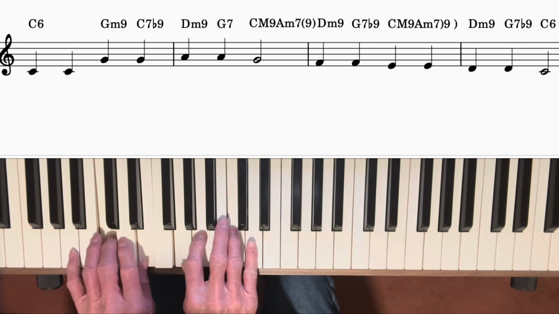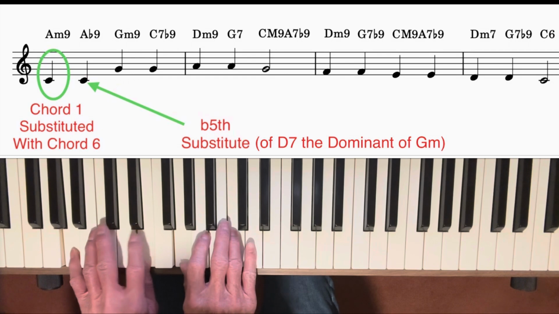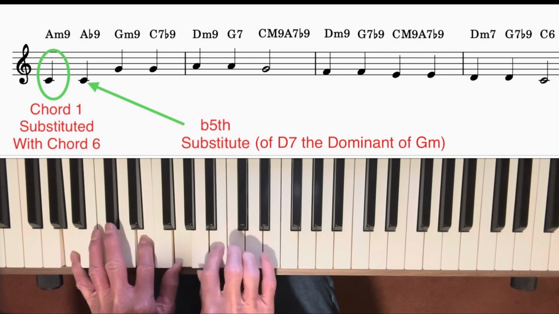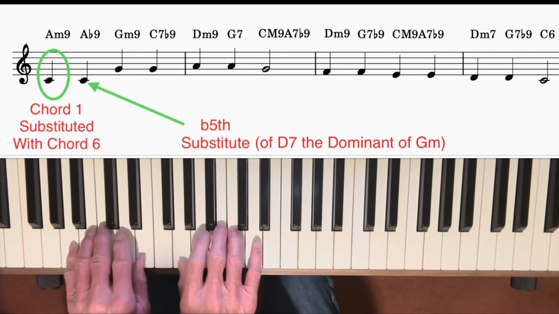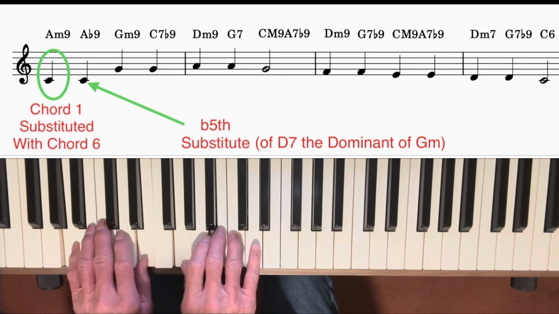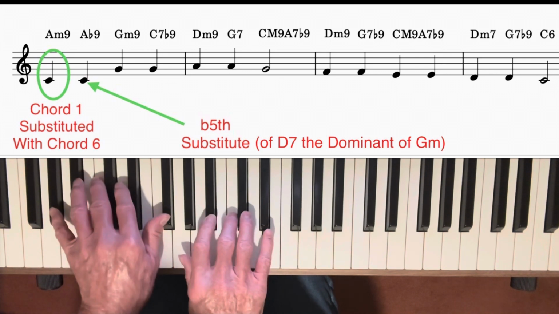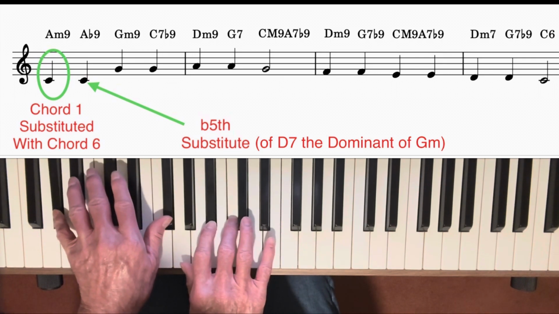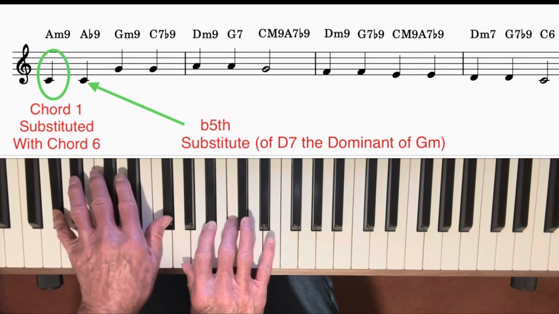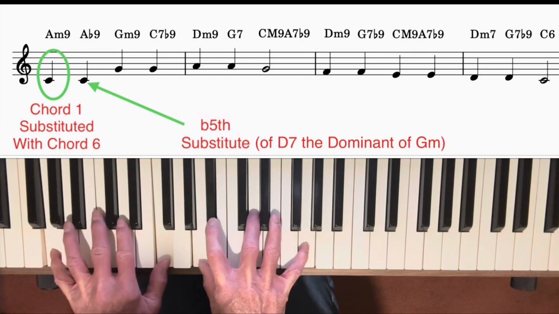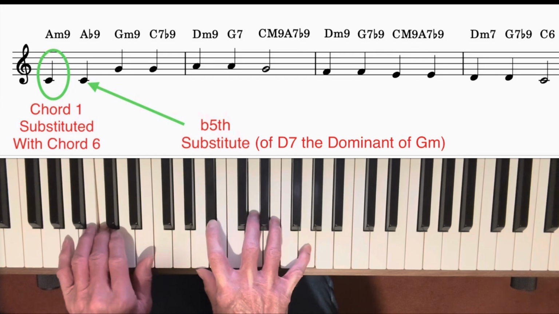What we can do there though is change it to A minor 7, and we can put the ninth in there just below the melody. That sounds fine. And if we then go to the A flat 7, a flat fifth substitute with a ninth in to take us to the G minor 7, that sounds great.